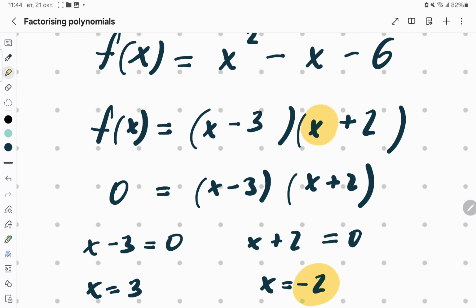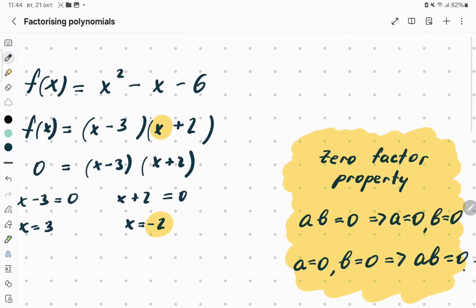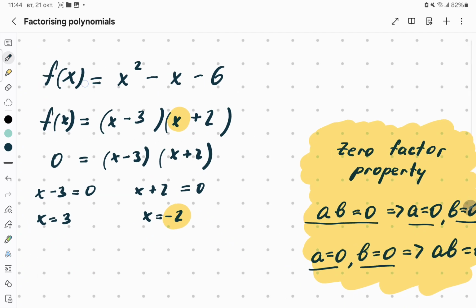If we put negative 2 here, it will also be 0, right? So that's what the zero factor property tells us: if ab equals 0, then a equals 0, or b equals 0, or both equal 0. And vice versa: if a equals 0 or b equals 0, ab also equals 0.